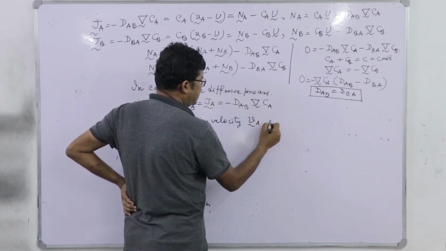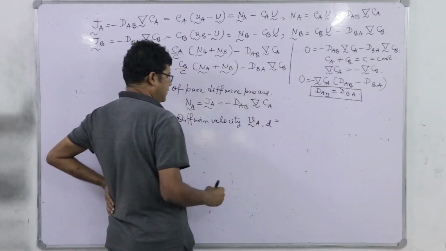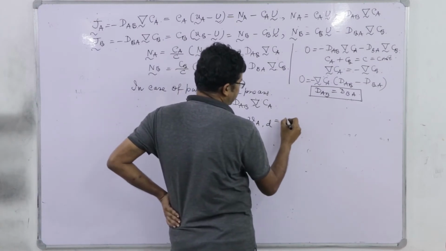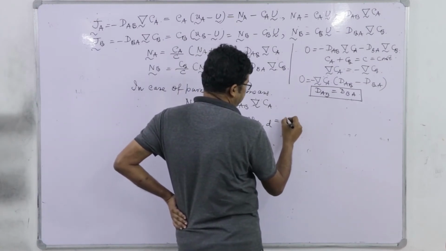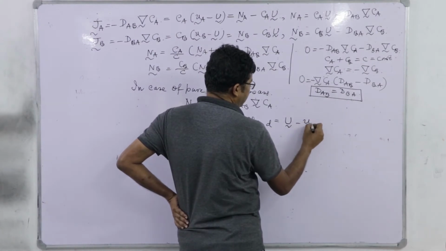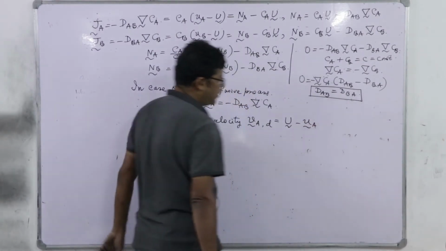VAD, the diffusion velocity, we can write it as U minus UA, right.